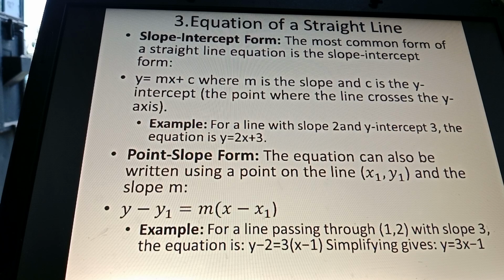For a line passing through (1, 2) with the slope 3, the equation is y minus 2, that is y1, equals 3 times (x minus 1). All right? Simplifying gives y equals 3x minus 1. So we have two forms of getting straight lines: the slope-intercept form and the point-slope form.